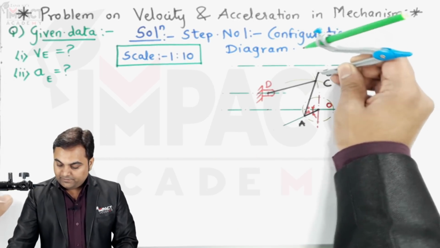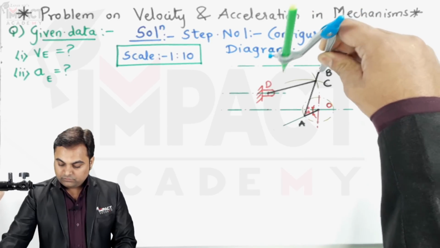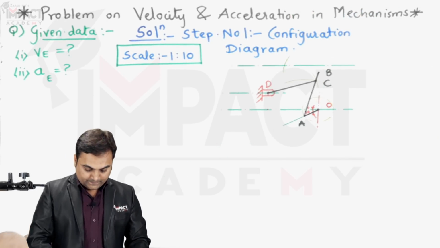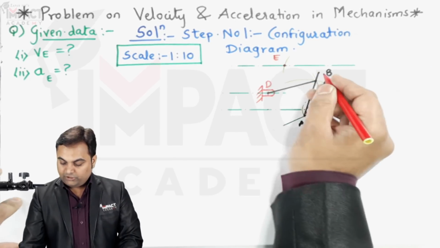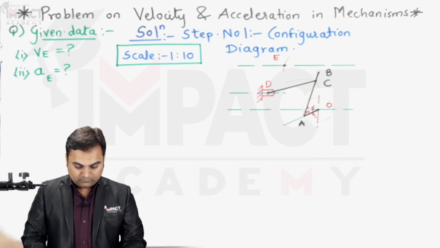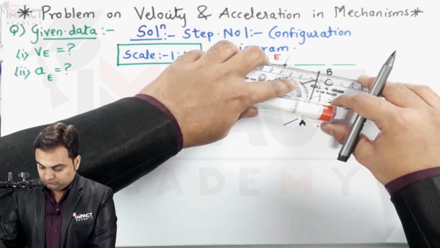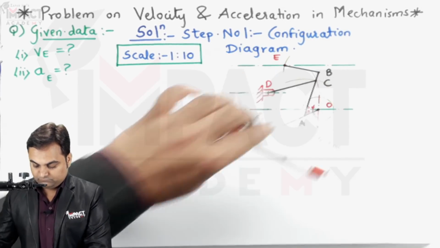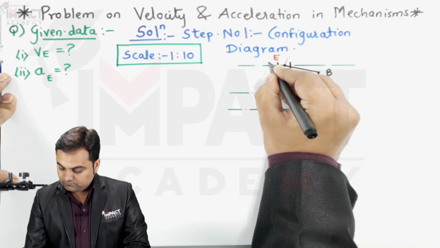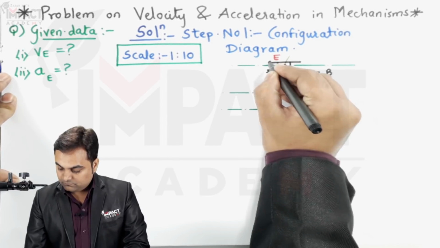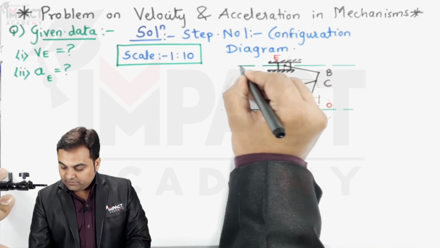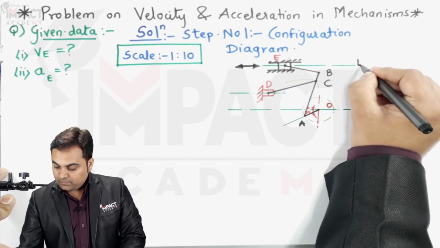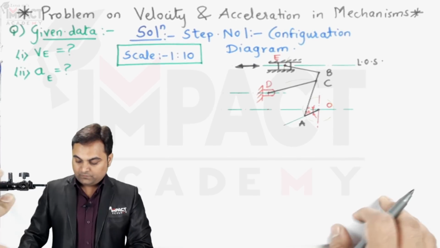Keeping on point B, I'll cut the line of stroke to get point E. Joining B and E. So here is this piston or slider E, which would be reciprocating in this horizontal plane along the line of stroke.